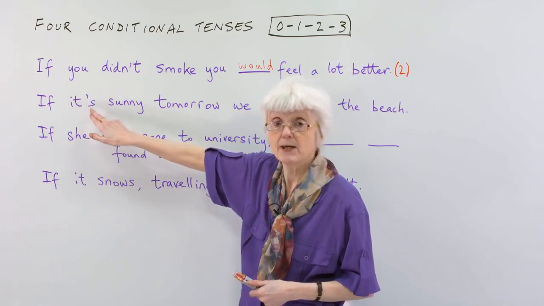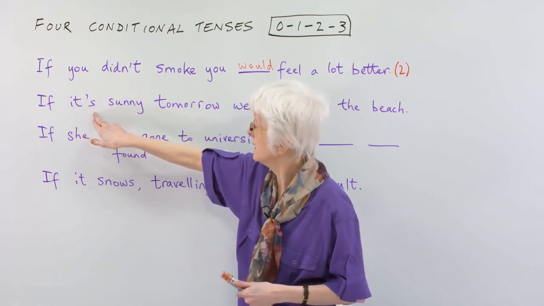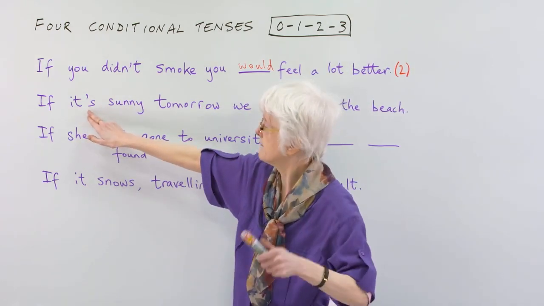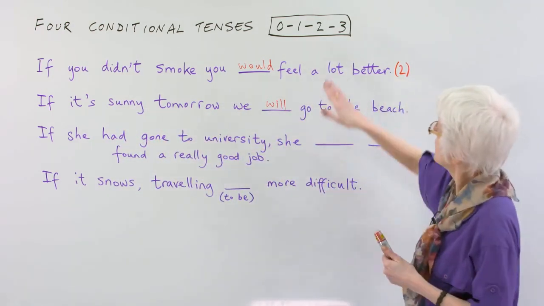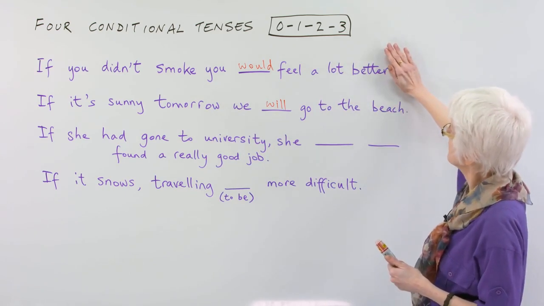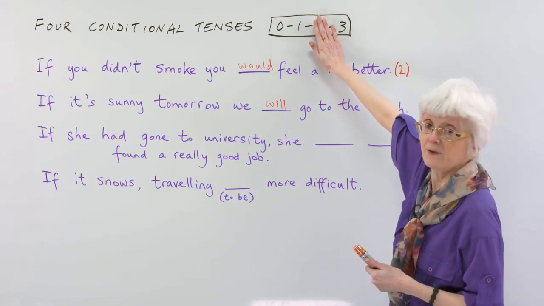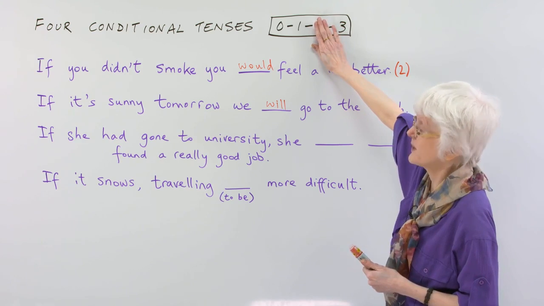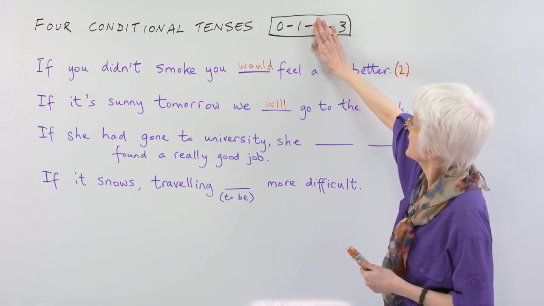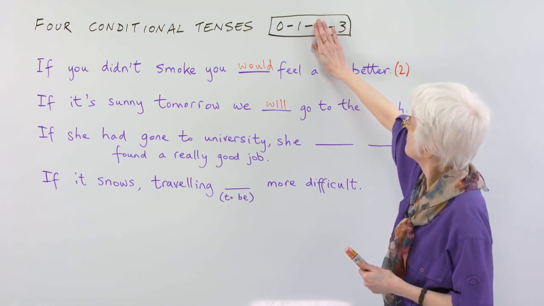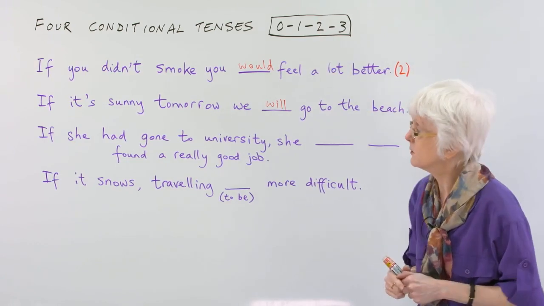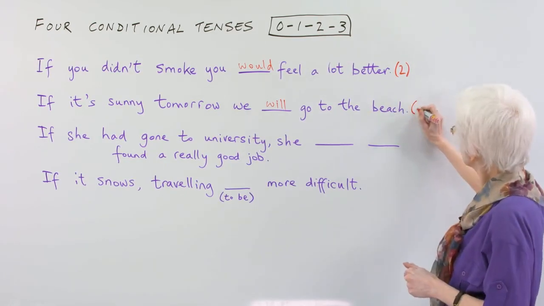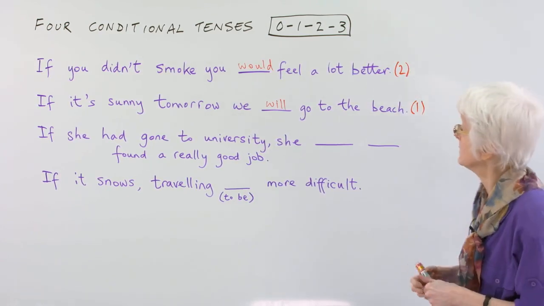If it is, so present simple there, but it's about the future. If it is sunny tomorrow, we will go to the beach. So do you remember which? It's not two, obviously. Which of the remaining ones would you say that is? Is it 0 or 1 or 3? Okay, so it's 1. It's the first conditional.